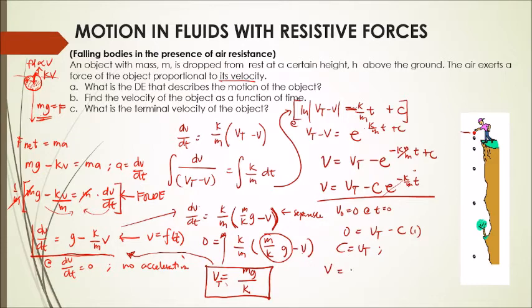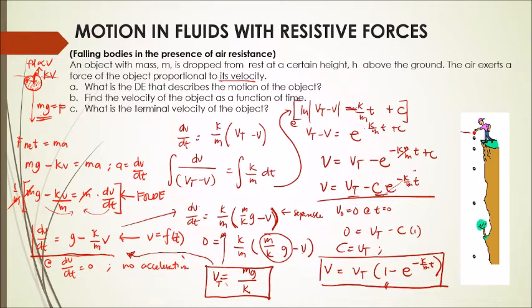That's v equal to, we have common vt, so this becomes vt times 1 minus e to the negative k over m times t. So this is our new equation of the velocity at any given time, or the particular solution. Okay, so first question, the DE. So basically we have answered this part.